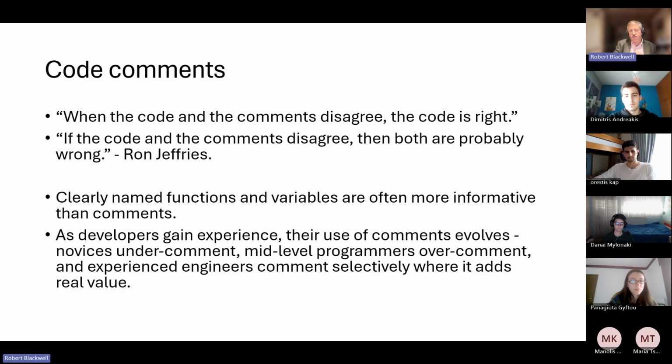There's a guy called Ron Jeffries who said, if the code and the comments disagree, then both are probably wrong. So there's this interesting thing in programming, which is we're all told to write lots of comments, but actually, quite often it's about writing clearly named functions and variables, and they can be more informative than putting comments in. And so if the code is really clear, sometimes you don't actually need the comment.